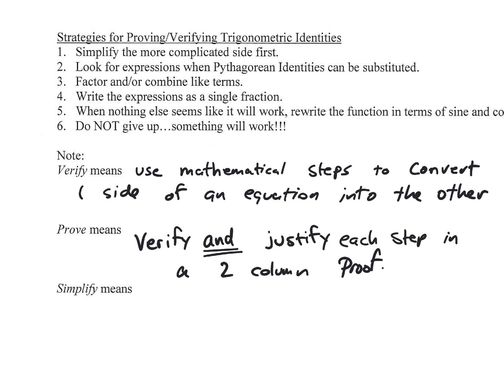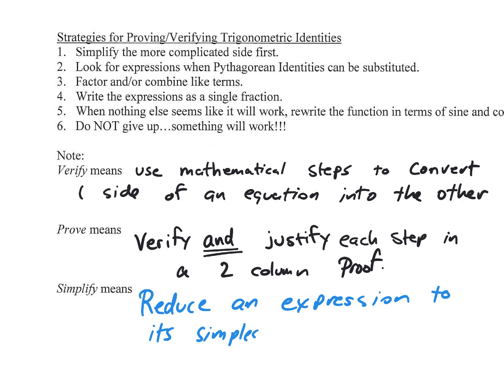The big difference between them is just this 2-column proof idea that we'll explore a little bit in a few moments. Simplify, I mentioned this in class today, but this is my least favorite because we don't necessarily know where we're going. When we simplify, what we're really doing is reducing an expression to its simplest form.